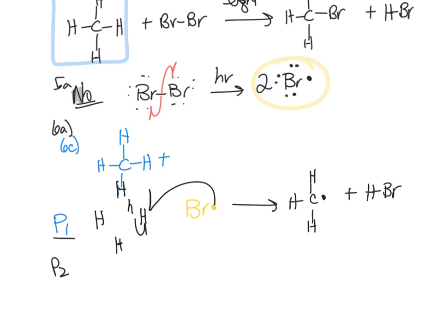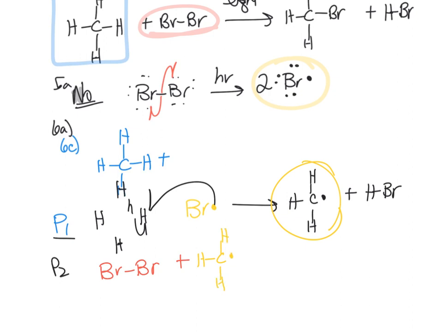P2 then, you have 2 propagation steps. You've got to go back up to your equation, the Br2 plus the free radical that was generated just now. Then what happens?